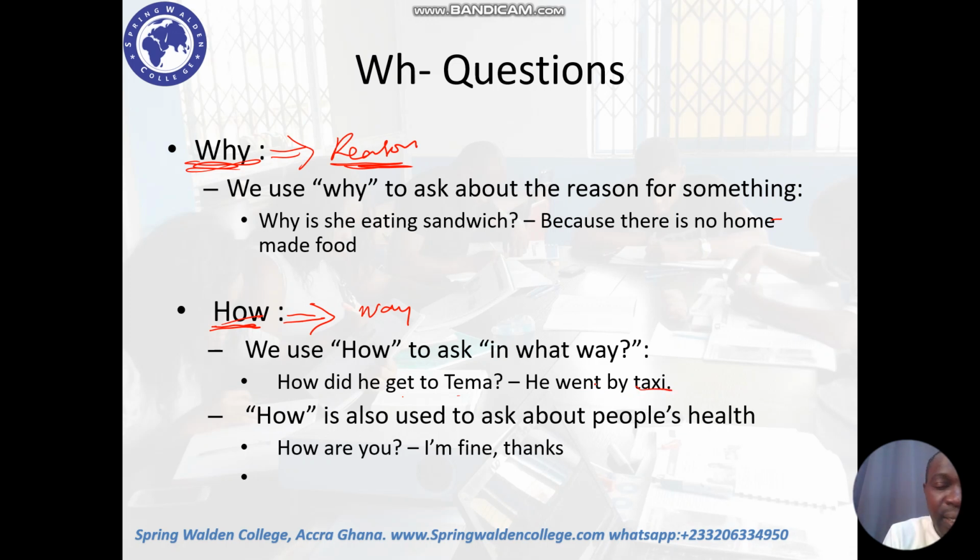How is also used to ask about our health or our welfare. So you say, how are you? I'm fine, thanks. How do you do? How is the family? How is it going? How is also used to ask about our welfare, our health, and to ask how things are done, in what way the thing is done.